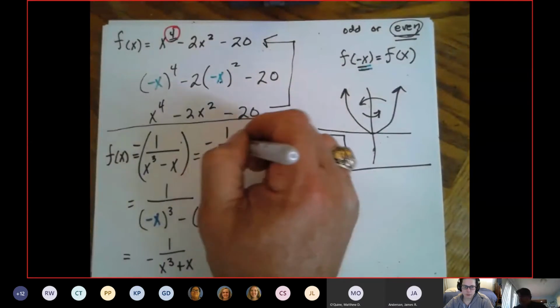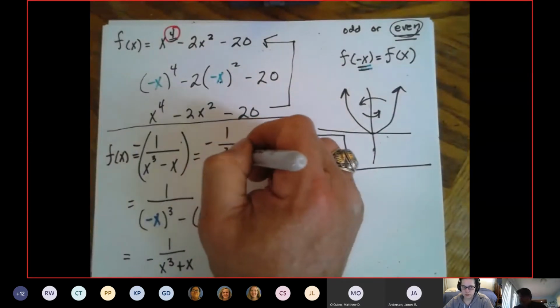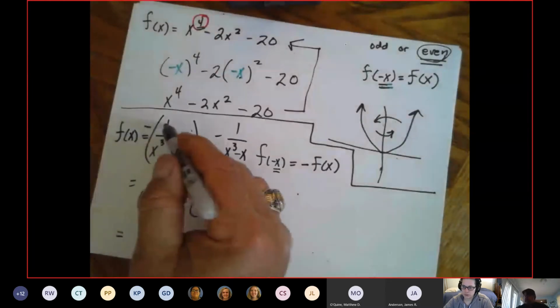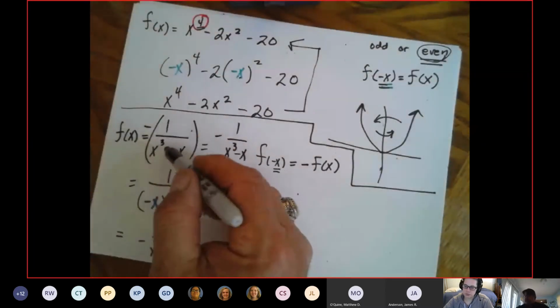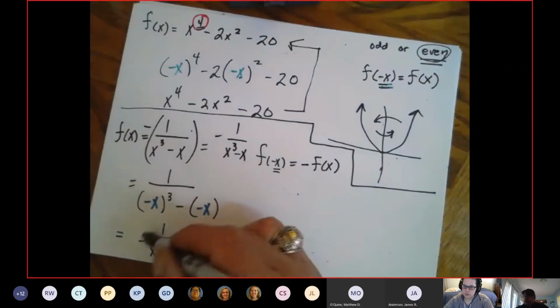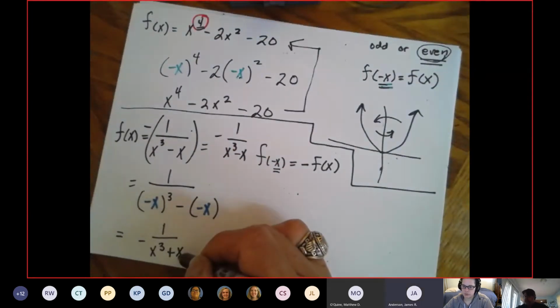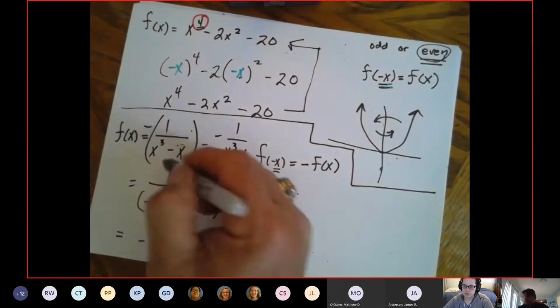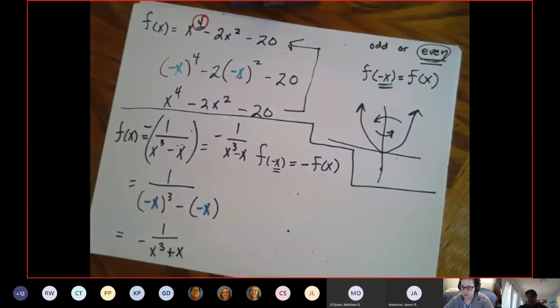Negative 1 over x cubed minus x. Now you could distribute that negative with the 1 and get negative 1 over negative x cubed plus x. The way it works out, the negative would come out, yes. It's odd.